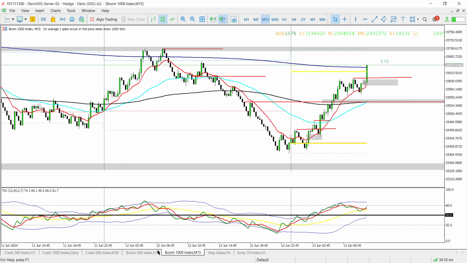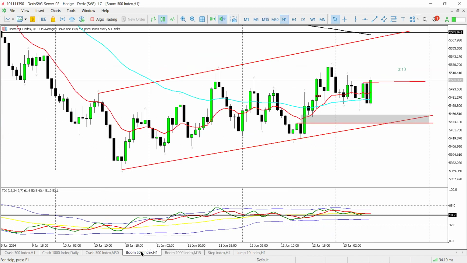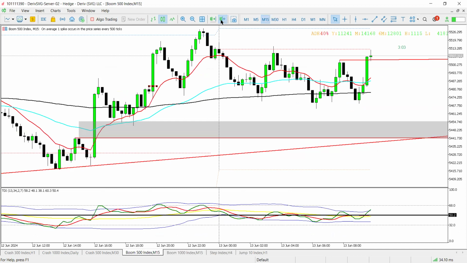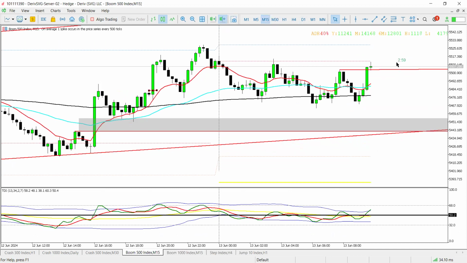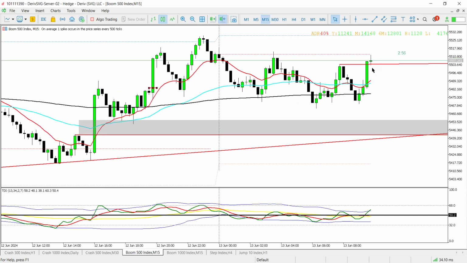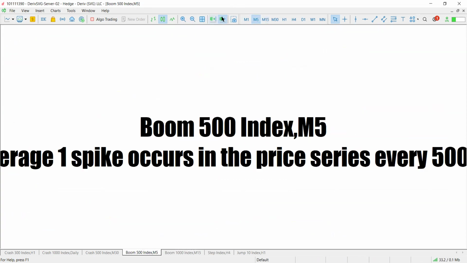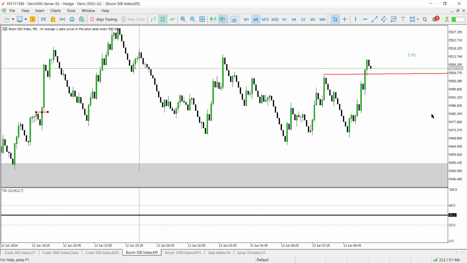So yeah, I think that's my view on B1000. Then B5, we're above the level. Do we have a pattern so that we can quickly execute before I finish this session? All right, so what I see for now is yes, we broke above, nice close. TDI, nice baseline bounce there. Can we get a retracement though?